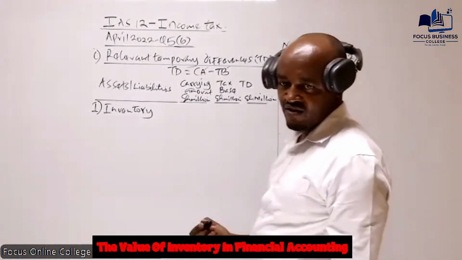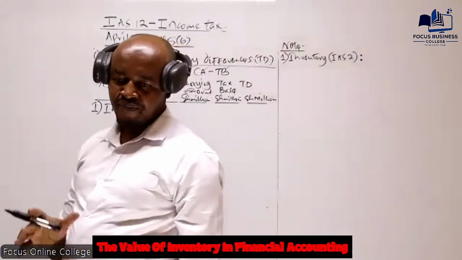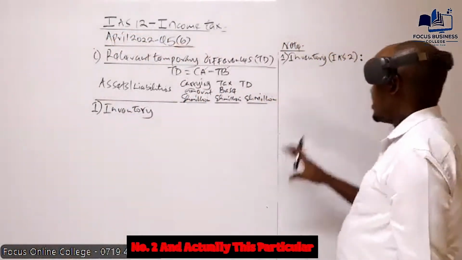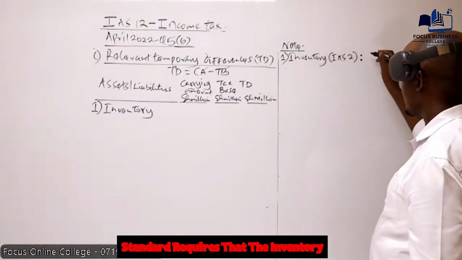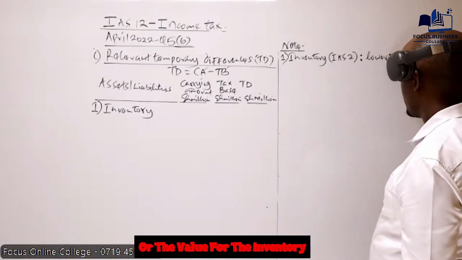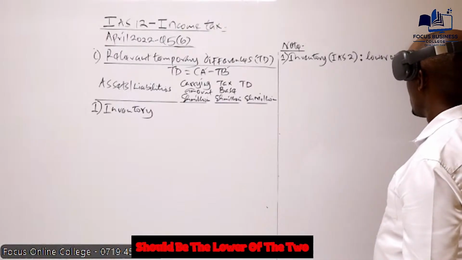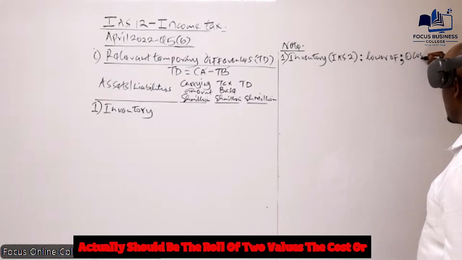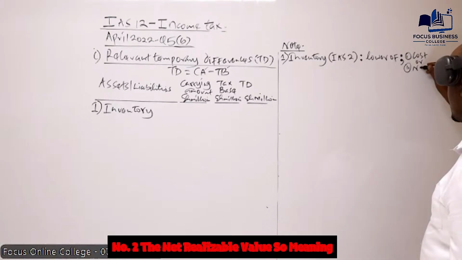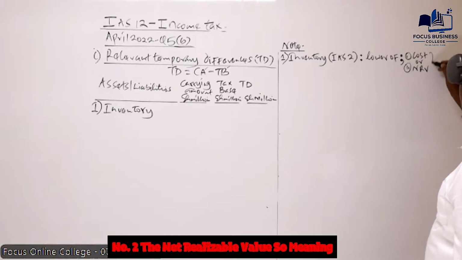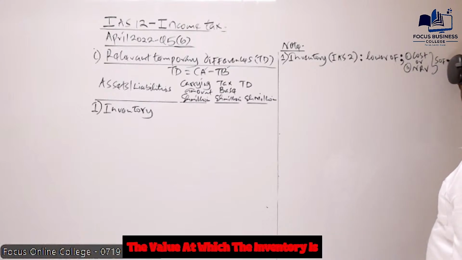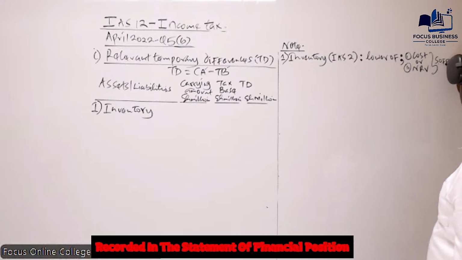This standard requires that the value for the inventory should be the lower of two values: the cost or the net realizable value. This is the value at which the inventory is recorded in the statement of financial position.